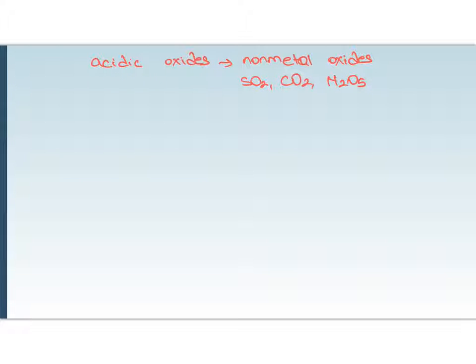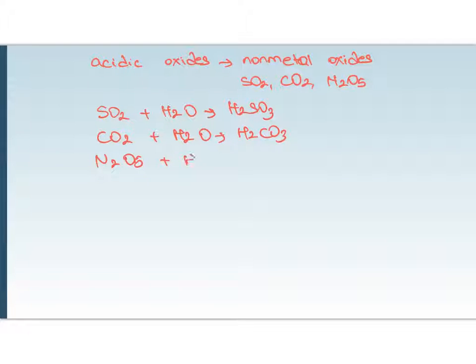For example, if you have sulfur dioxide, when you just put it in water, it produces sulfurous acid. Or carbon dioxide, when you put it in water, it produces carbonic acid. And dinitrogen pentoxide, when you put it in water, it produces nitric acid, a very strong one. So these are called acidic oxides.